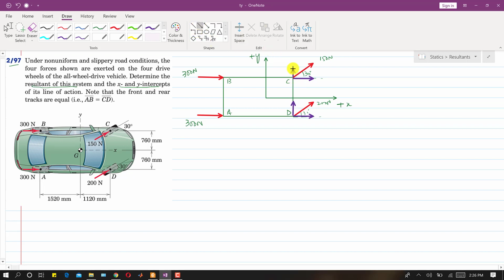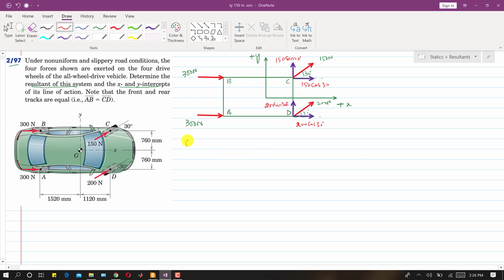So this component is 150 cos of 30, this one is 200 cos of 30 degrees, this one is 200 sine of 30 degrees and this one is 150 sine of 30 degrees.